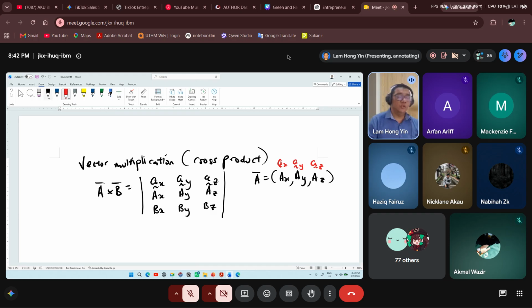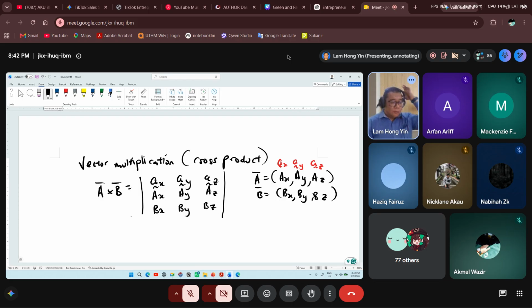If you want to write them out, you need to spell it out in full notation. It is the same for B: Bx, By, and Bz.